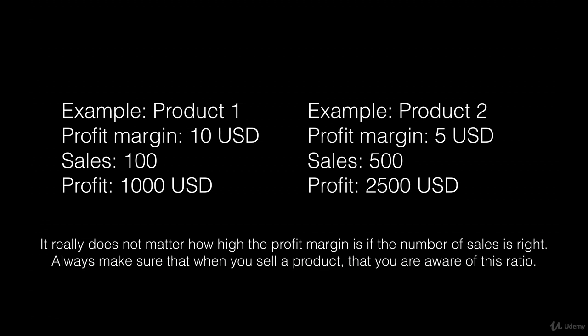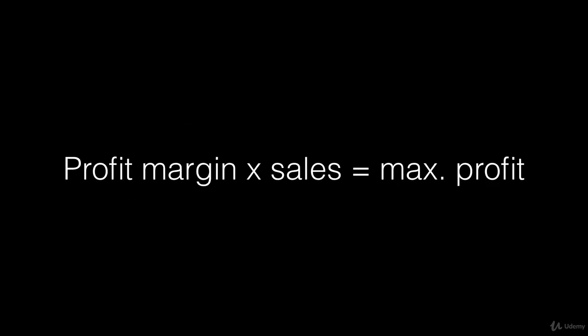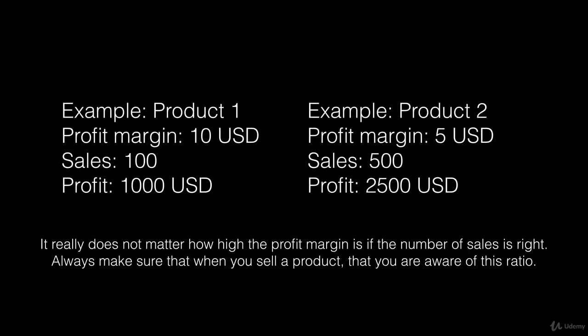So always make sure that when you sell a product you're aware of this ratio. You always want to be sure that you follow this formula: profit margin times sales equals, hopefully, the maximum profit. Now, when you look at these two products, of course, you also need to take into consideration that there are things like Facebook ads that you have to pay for, or other ways you promote this product on other platforms. All of that is fine.